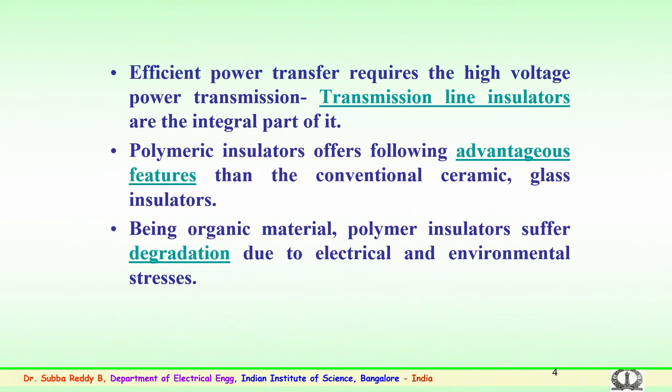This is due to electrical and also environmental stresses. So, the main point for the long-term performance of these polymer insulators is the quantification, particularly of the surface degradation and the insulation properties over a period of time in service.